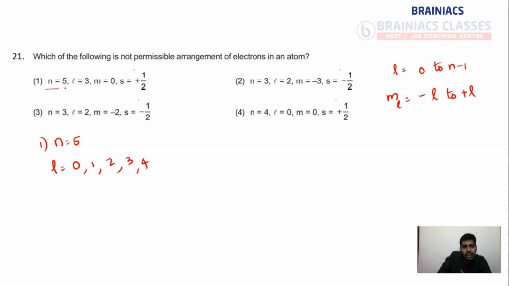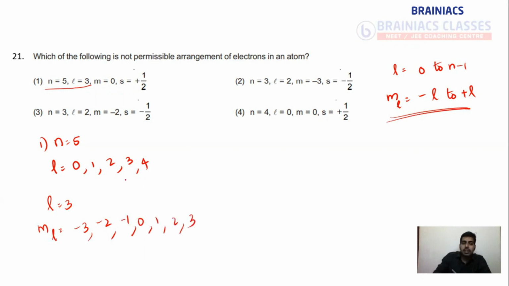Now here the l value is given as 3, so I'm taking only l value 3. l value 3 means ml can have values minus 3, minus 2, minus 1, 0, plus 1, plus 2, plus 3, calculated using the equation minus l to plus l. Now here the ml value is equal to 0. So n is equal to 5, l can have values 0, 1, 2, 3, 4.